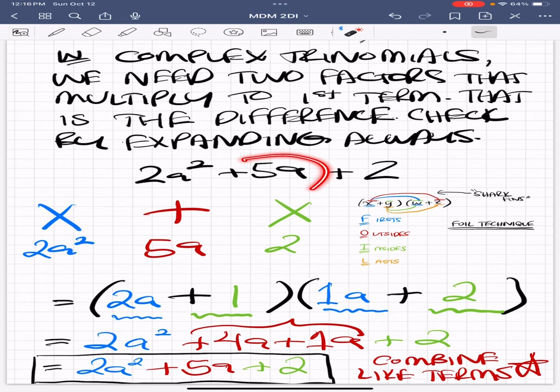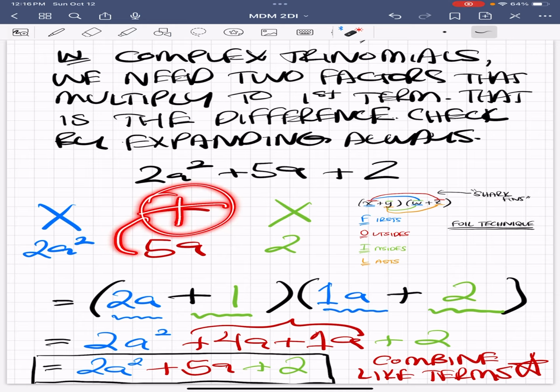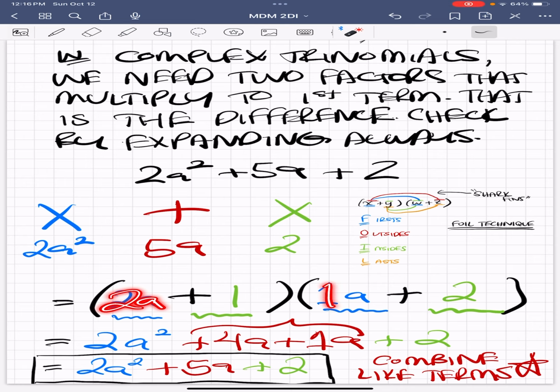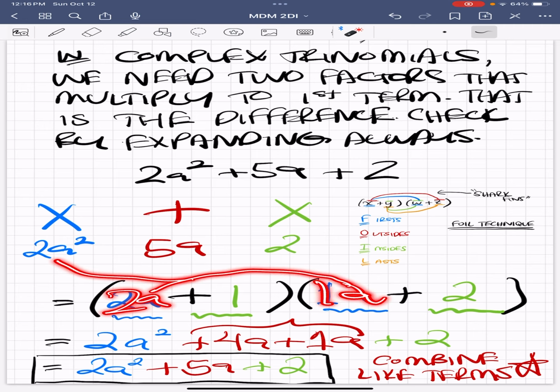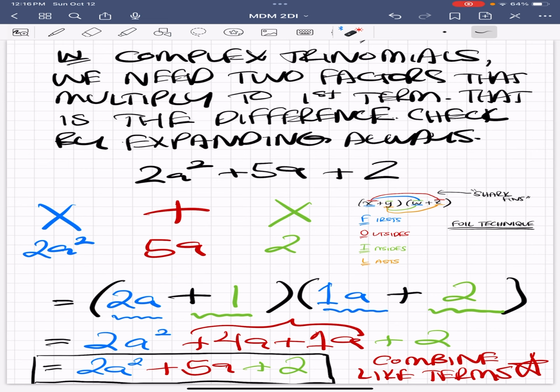And then we have a plus 5a in the middle, so we're going to have to see if it adds up to 5a. I did 2a and 1a to get 2a squared, and then I did 1 and 2 to multiply to 2.